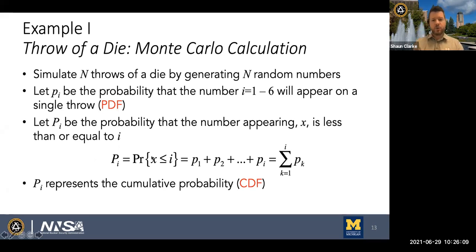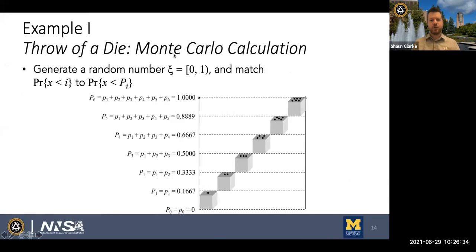It can be written this way, where it's essentially a running sum. So P1 is 1/6, P2 is also 1/6 because it's a fair six-sided die. So big P sub I is the probability that we'll obtain any outcome less than or equal to I. Okay, in this case, because it's discrete, it actually makes a lot more sense to me to look at it visually. So this is a visualization of what the CDF would look like for rolling a single fair six-sided die.